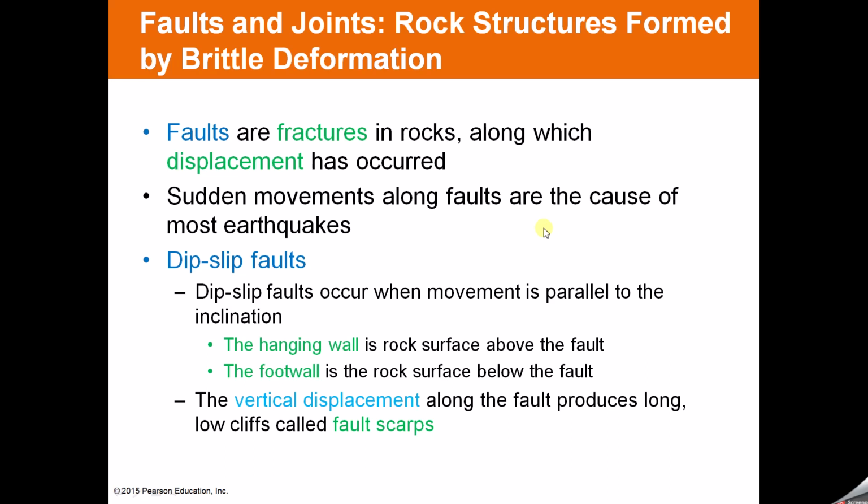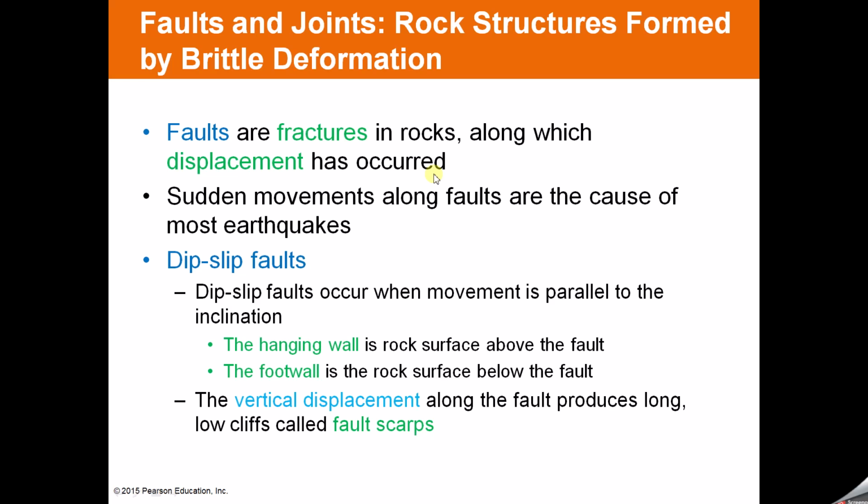Now faults. So we finished folds, which is ductile deformation, and now we're going to faults, which is brittle deformation. Faults and joints, rock structures formed by brittle deformation. That means we have fractures, something broken, rocks broken. Faults are fractures in rocks along which displacement has occurred.